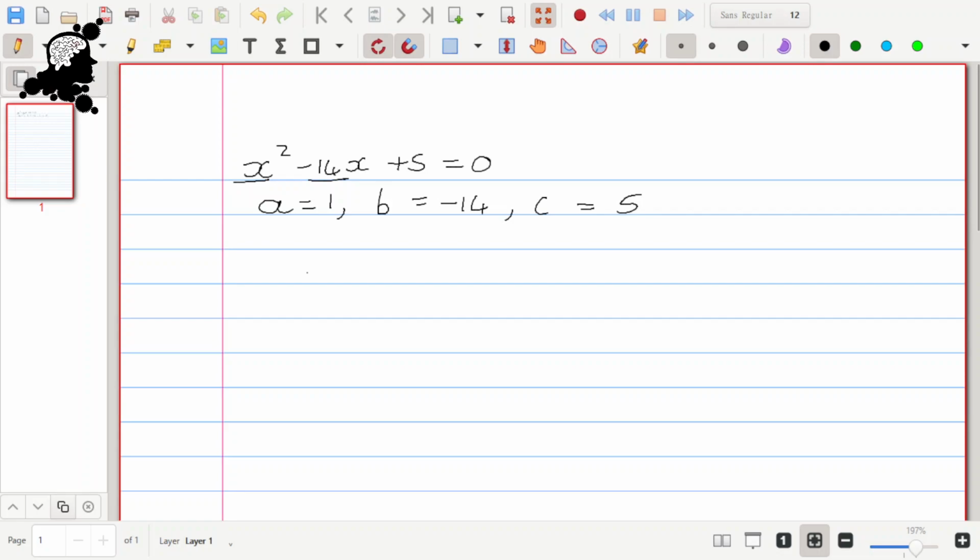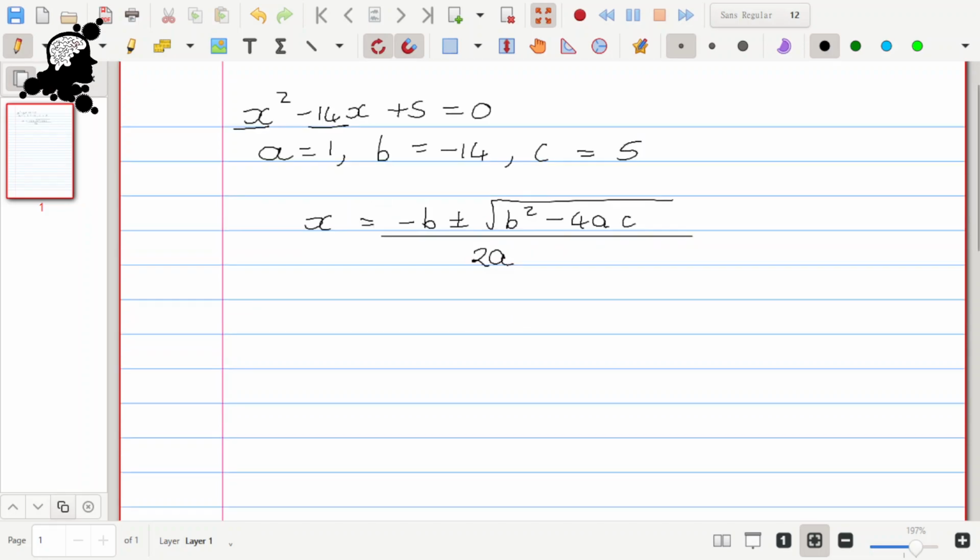Right, so x is equal to -b plus or minus the square root of b squared minus 4ac, all over 2a. Now let's substitute what we know into this equation.